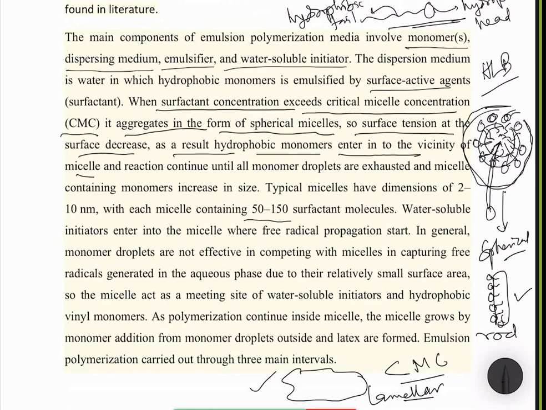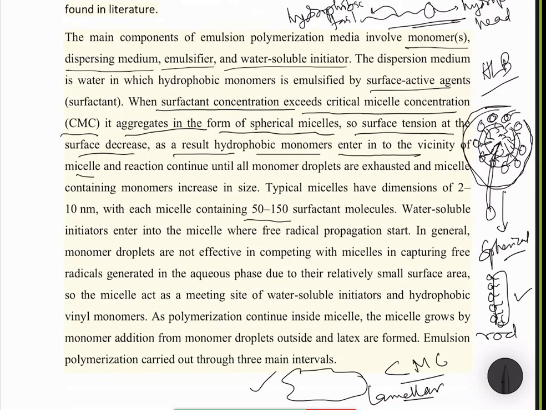So here you see that in an emulsion polymerization system, so far we have discussed the role of the monomer, the dispersion medium, the emulsifier, which we are referring to as the surfactant, and the presence of the initiator.